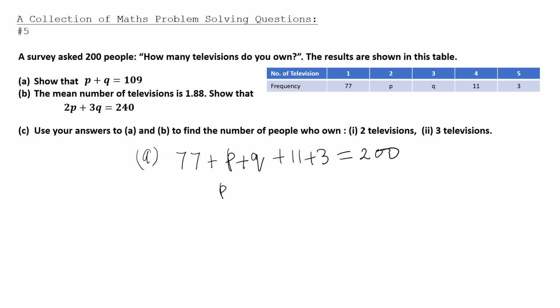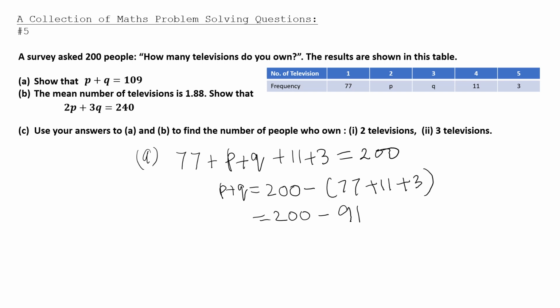And that means P plus Q is quite straightforward, with 200 minus 77 plus 11 plus 3, and that equals 200 minus 91, and that equals 109.